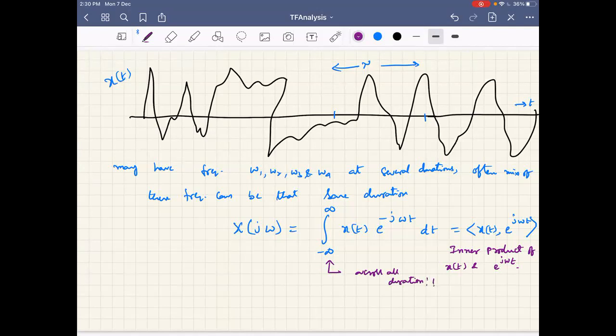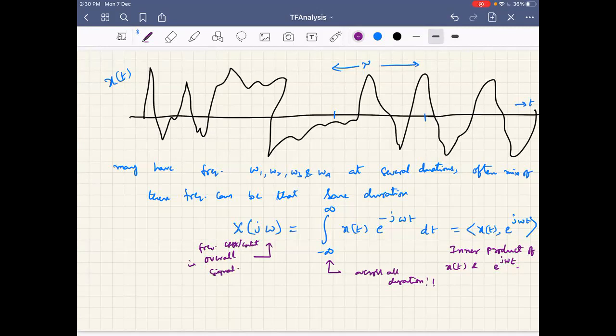That is why we are not able to find the frequencies at a particular duration. These are the overall frequency coefficients, or content, or magnitude in the overall signal.